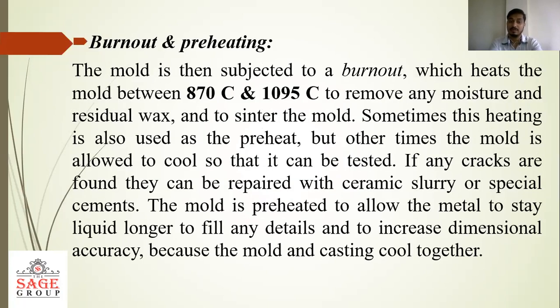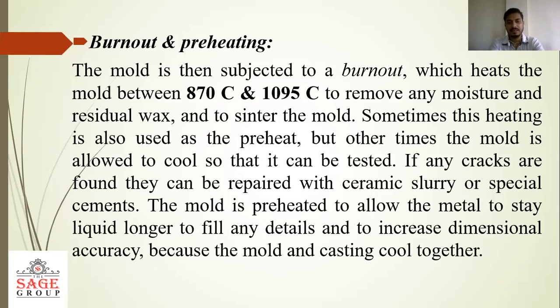Next, burnout and preheating. The mold is then subjected to burnout, which heats the mold between 870 degrees Celsius and 1094 degrees Celsius to remove any moisture and residual wax and to sinter the mold. Sometimes this heating is also used as a preheat, but other times the mold is allowed to cool so that it can be tested.